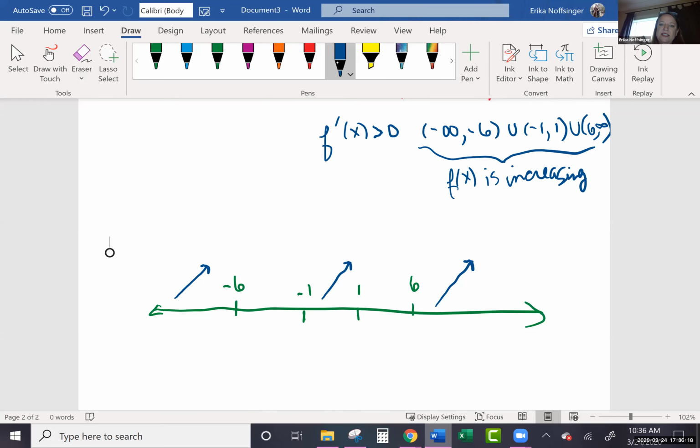But if I looked at where f of x was decreasing, we saw that the derivative function fell below the x-axis between -6 and -1, so our graph is going down left to right in there. The same thing from 1 to 6, our graph was decreasing.